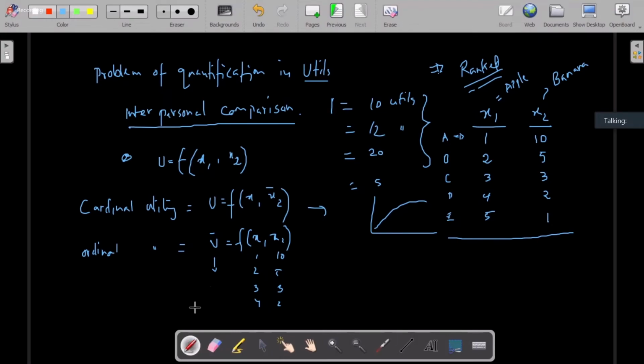That means our unit change in X1 is 1, 2, 3, 4, 5, one unit change each time. For one unit change, our sacrifice is diminishing. You see, our sacrifice is diminishing. So this is called MRS.